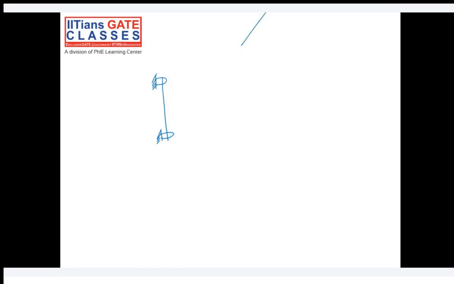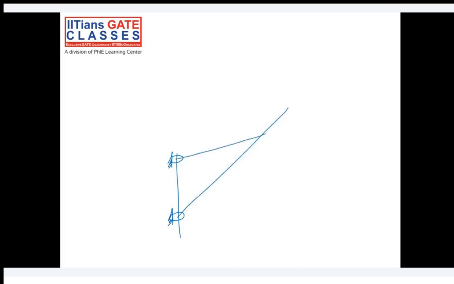Sorry, let me draw it a little downside. So the perpendicular to this, let's take the red pen.